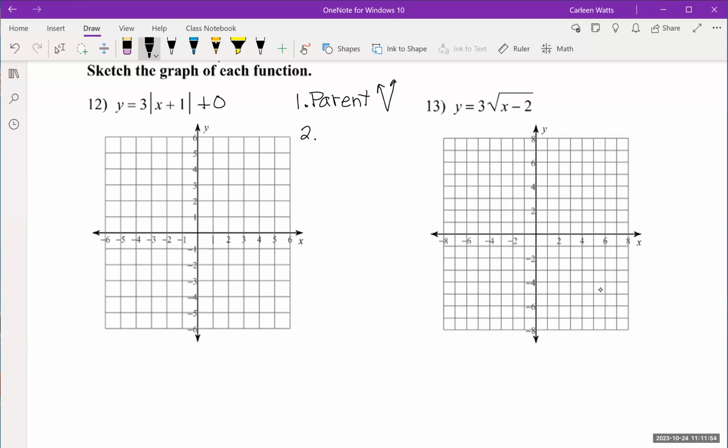The next thing I want is the vertex. Another V. So we have opposite, same.